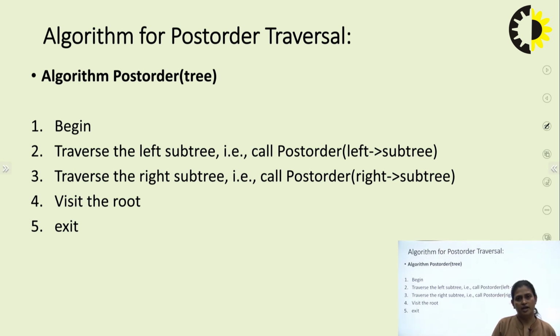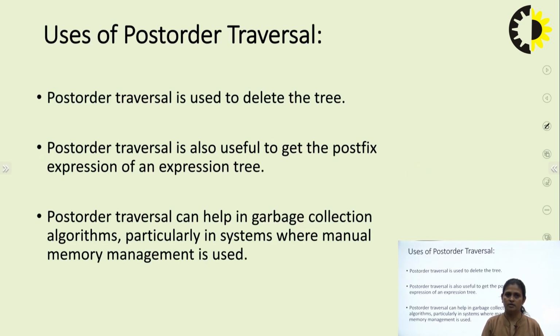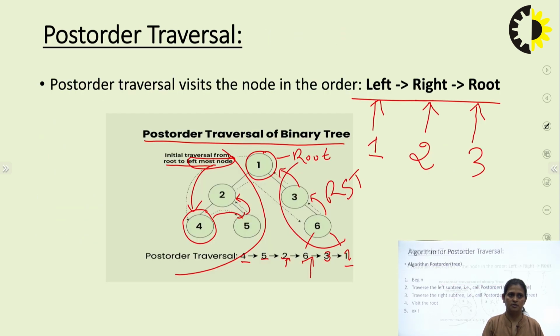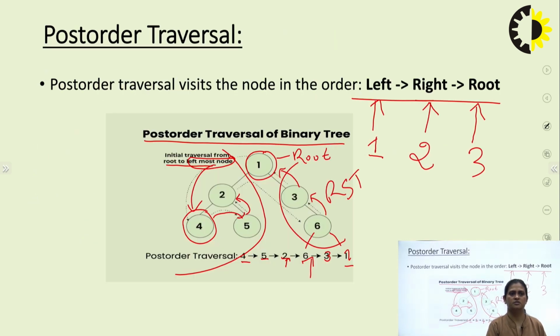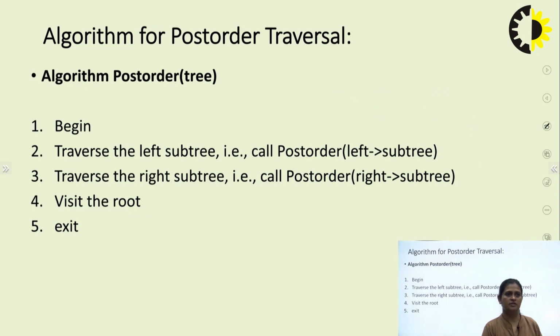Algorithm. The algorithm works the same as I have discussed through the previous structure. First we begin, means we start the tree, whatever tree I have to process, then traverse the left subtree, that is called post order.